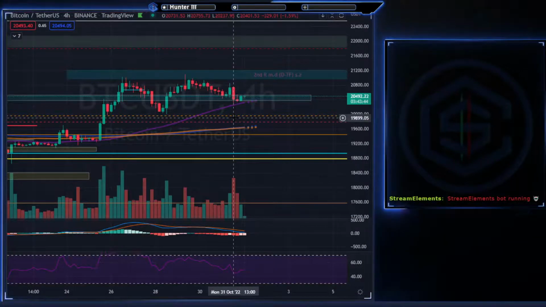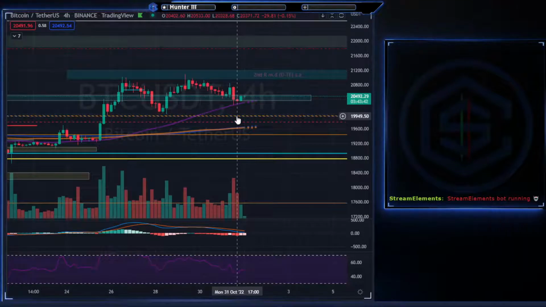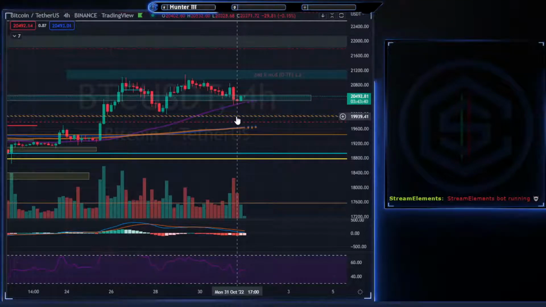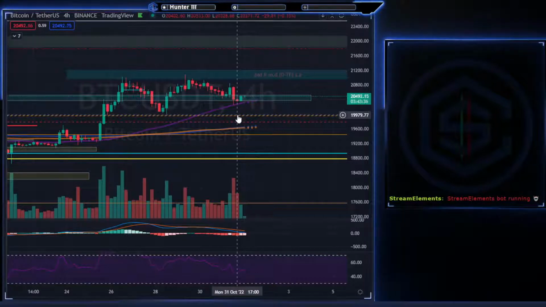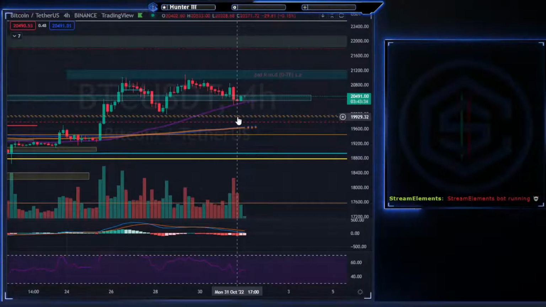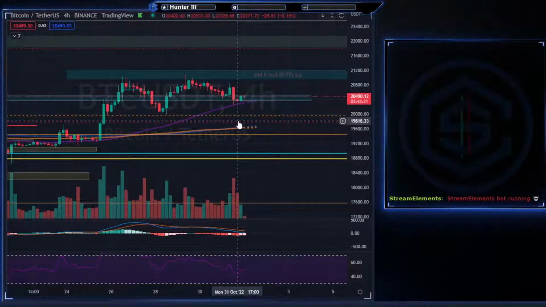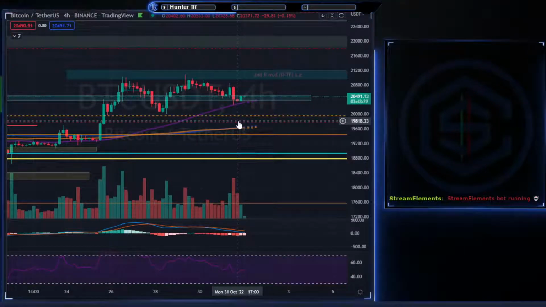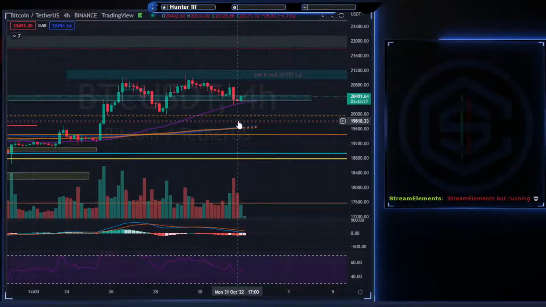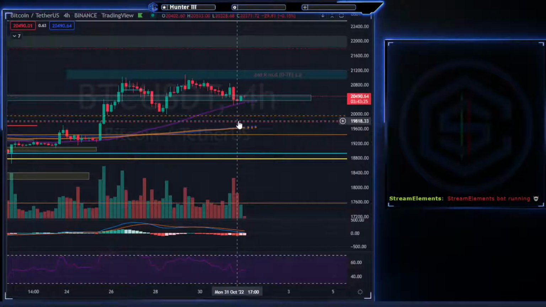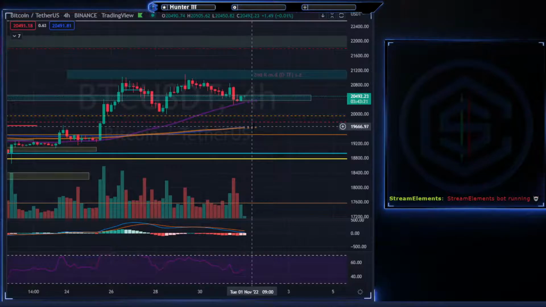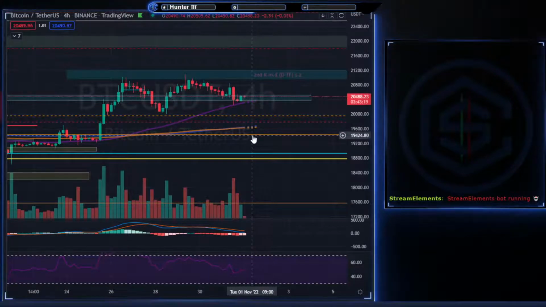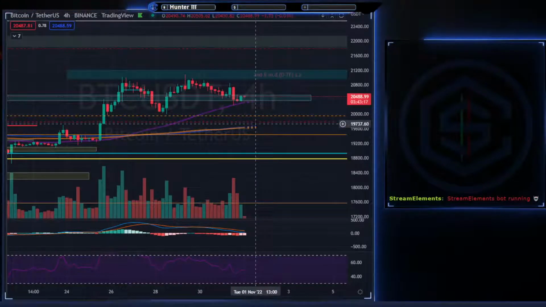But the important thing is still, for this not to be some sort of a bull trap, we gotta hold above 20,000K. At minimum, 19,800. Because if we lose 19,800, yeah, we're going lower, much lower.